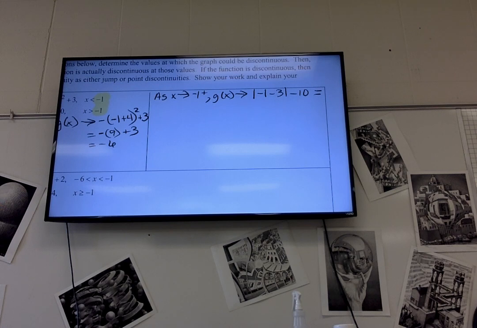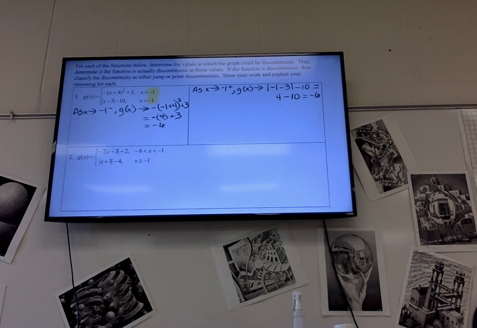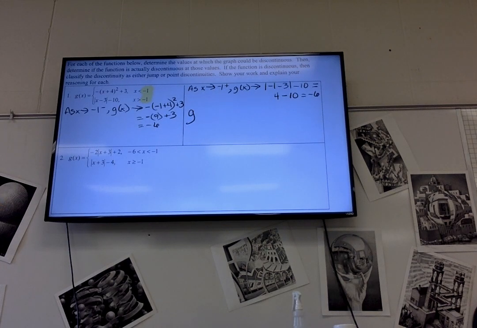So it's absolute value of -4 minus 10, which is -6. So they're the same. What's the one more thing I have to find? They are equal. Then one more thing. Like the g of -1? Yes. Is g of -1 defined?